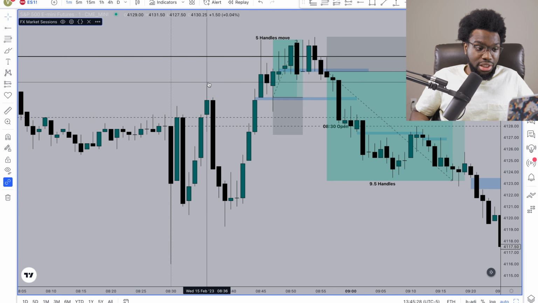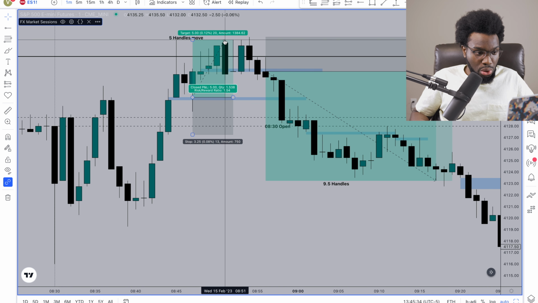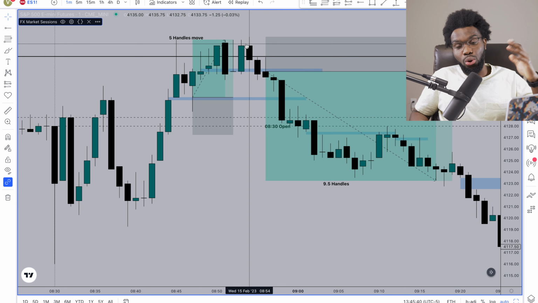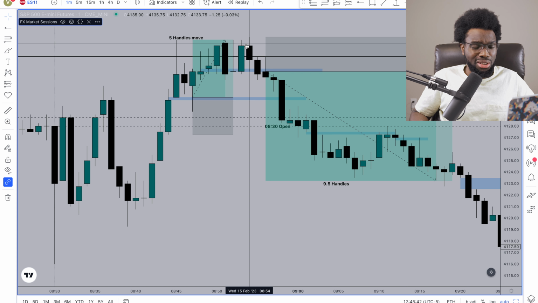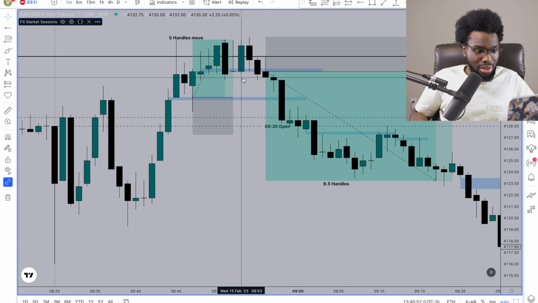So this liquidity was grabbed right here. I saw that, and if you notice here also, equal highs: 1, 2, 3, and 4. It tapped it up, and that was all I needed. You don't need so much for a sweep of liquidity or buy side liquidity getting taken and stuff. So this market structure shift happened right here.